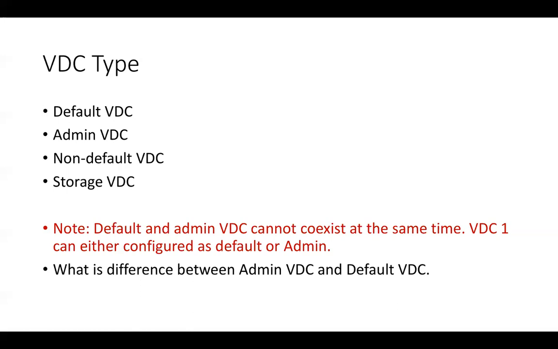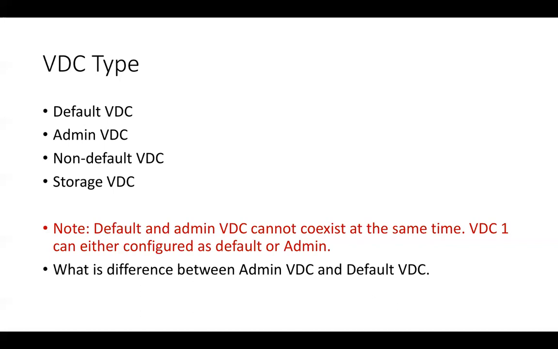To understand default VDC and admin VDC, we will go to the next slide. I would like to add one thing. Default VDC and admin VDC cannot coexist. VDC1 is reserved. Either it can be admin VDC or it can be default VDC. Here, you may see one question: what is the difference between admin VDC and default VDC?